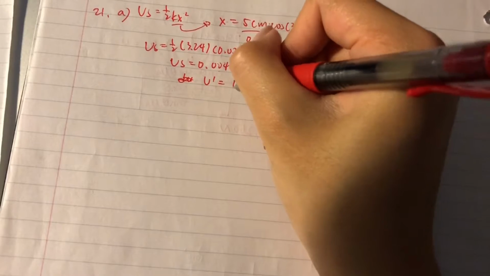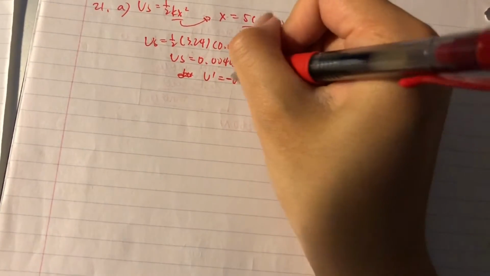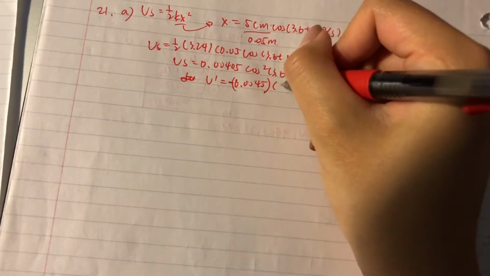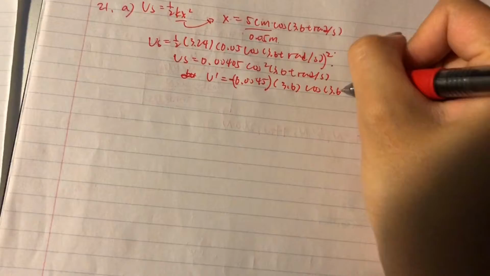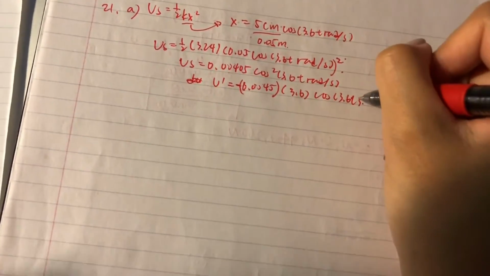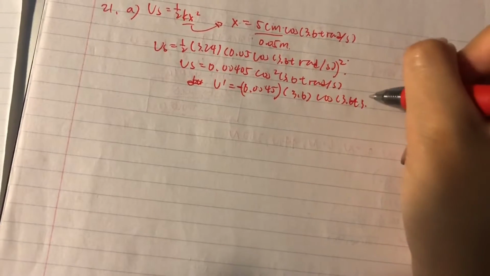So I take a derivative of the potential energy. And we have the negative, which just comes from taking a derivative of cosine squared 3.6t, which is cosine 3.6t times negative sine 3.6t. So I put the negative in front.